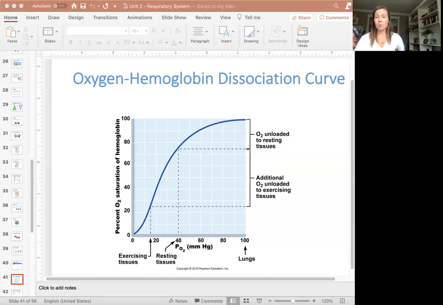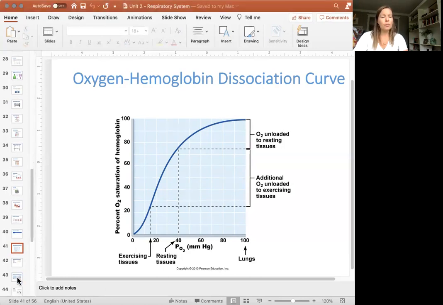And that is once the blood, and remember hemoglobin is found in the blood on red blood cells, reaches your body cells and tissues. Now you want oxygen to break off of the hemoglobin so that it can move into your cells and your tissues.